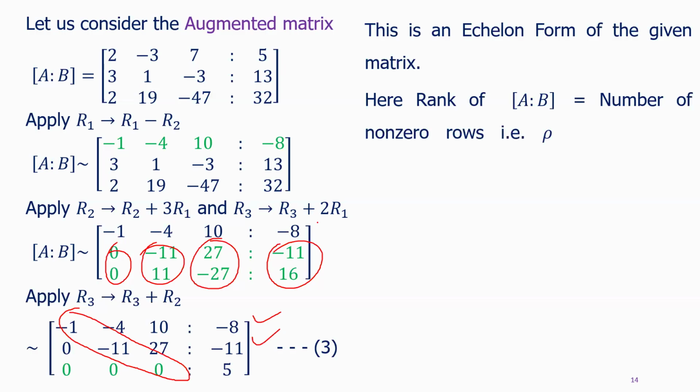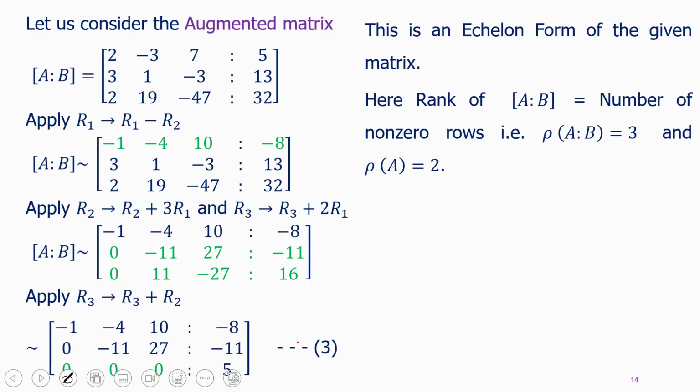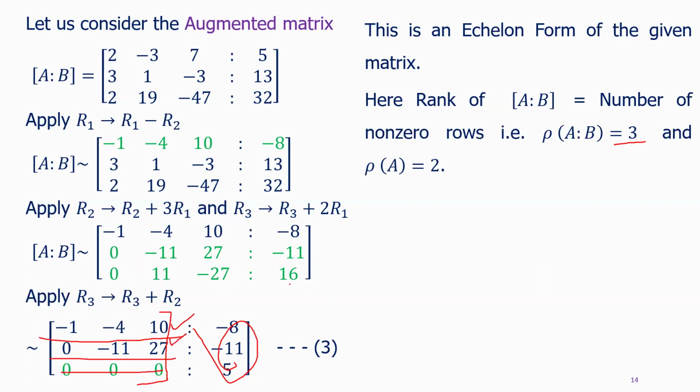In the augmented matrix, the first row is non-zero, the second row is non-zero, the third row is non-zero, so the rank of the augmented matrix is 3. But for the coefficient matrix, just look at this part: minus 1, minus 4, 10; 0, minus 11, 27; and 0, 0, 0. We have only 2 non-zero rows, so the rank of the coefficient matrix is 2.